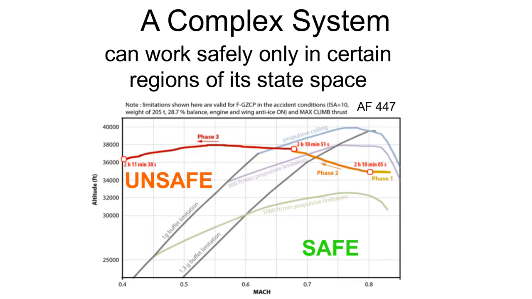Initially, in phase 1, the aircraft is in a safe state, but after the failure of sensors, problems with the board computer, and pilot errors, the point of operation of the aircraft actually crosses these boundaries and goes into an unsafe area where ultimately the aircraft stalls and crashes.